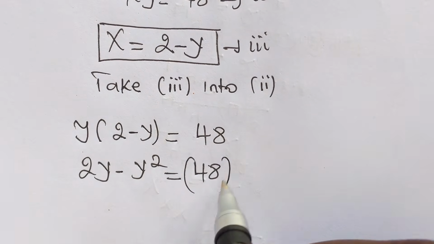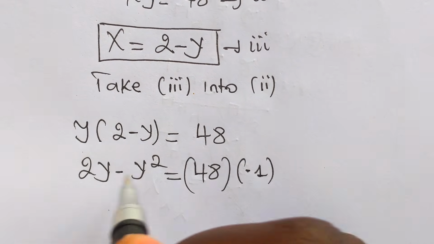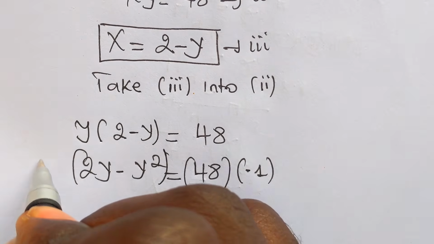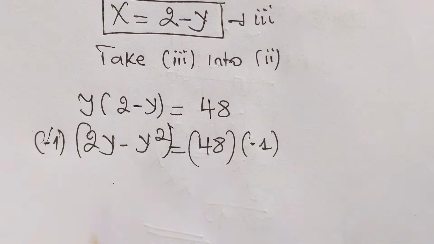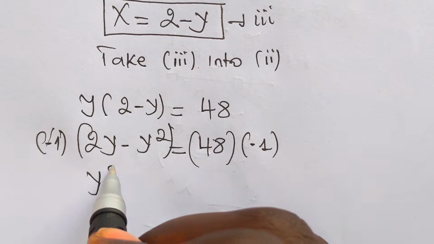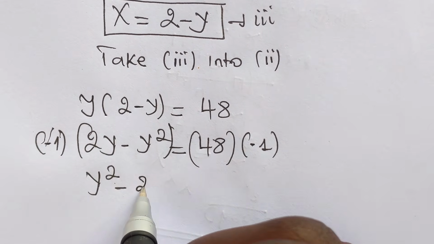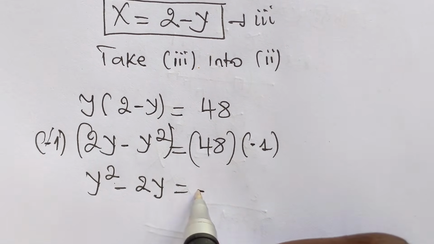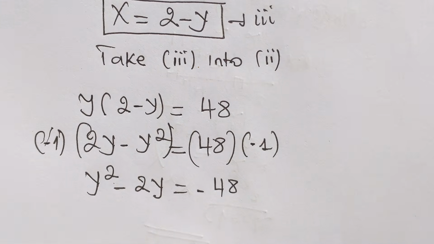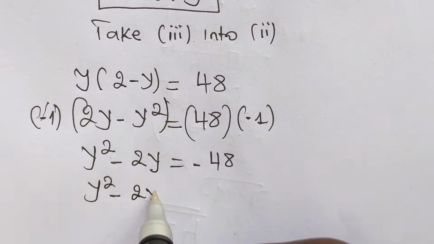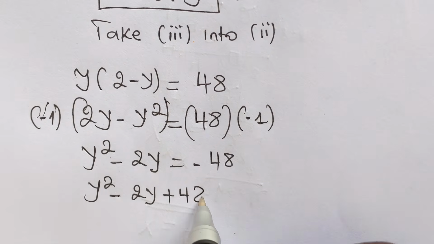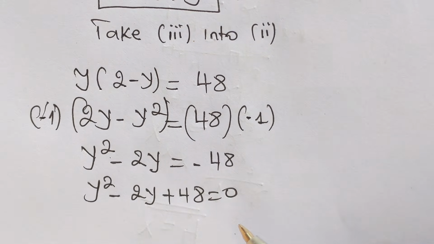Of course, here you have to multiply by -1 to get y squared minus 2y is equal to -48. Then by rearranging, we shall say y squared minus 2y plus 48 equals 0.